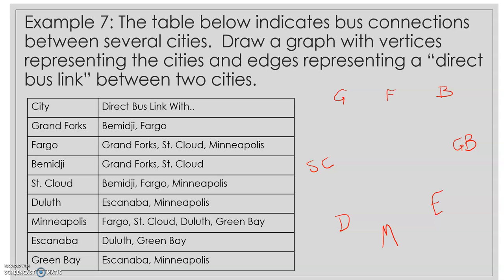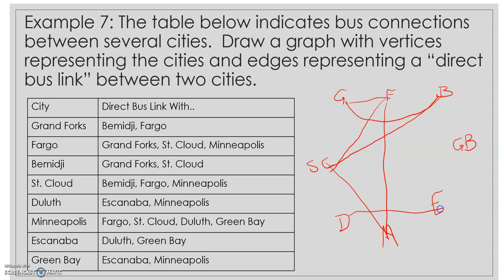Grand Forks goes to Bemidji and to Fargo. Fargo to Grand Forks, Fargo to St. Cloud, Fargo to Minneapolis, Bemidji to Grand Forks, and St. Cloud. St. Cloud to Bemidji, Fargo, and Minneapolis.